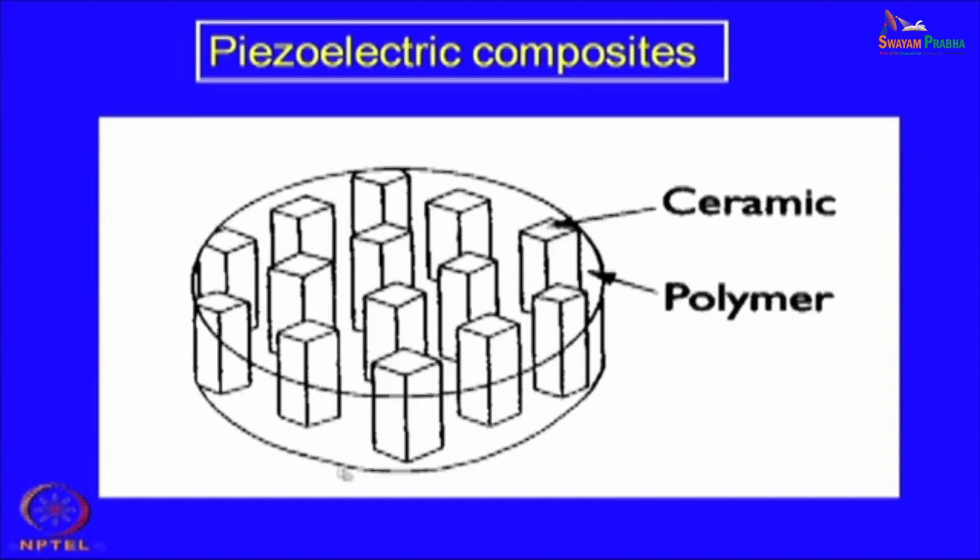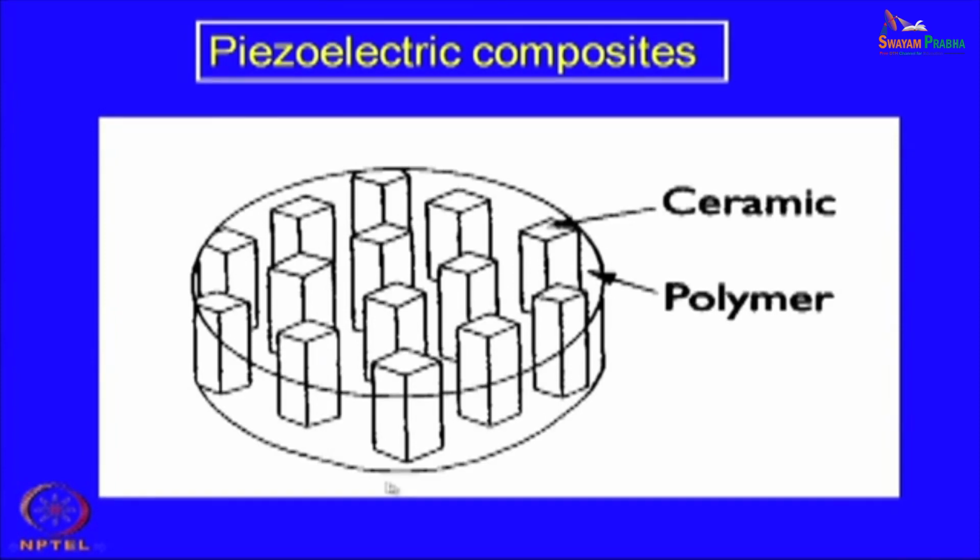Okay. So, this particular composite has a kind of connectivity, what they call the connectivity of these composites, which is the 1-3 connectivity. That means the polymer is a continuous phase. Okay. Polymer is a continuous phase and ceramic has connectivity only in one particular direction, the z direction.